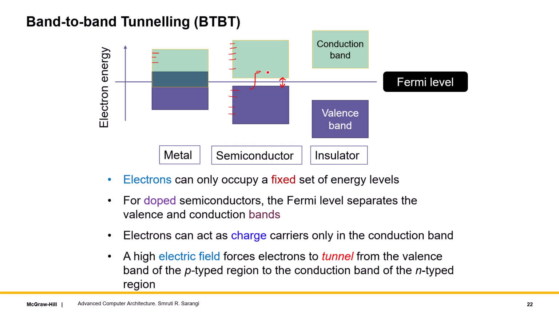You can look at it in a desirable fashion or in an undesirable fashion. The desirable fashion is that this is why transistors work. In an undesirable fashion, it causes band-to-band tunneling, and because of this tunneling effect there is electron flow even across interfaces where you don't expect electron flow. This leads to leakage.